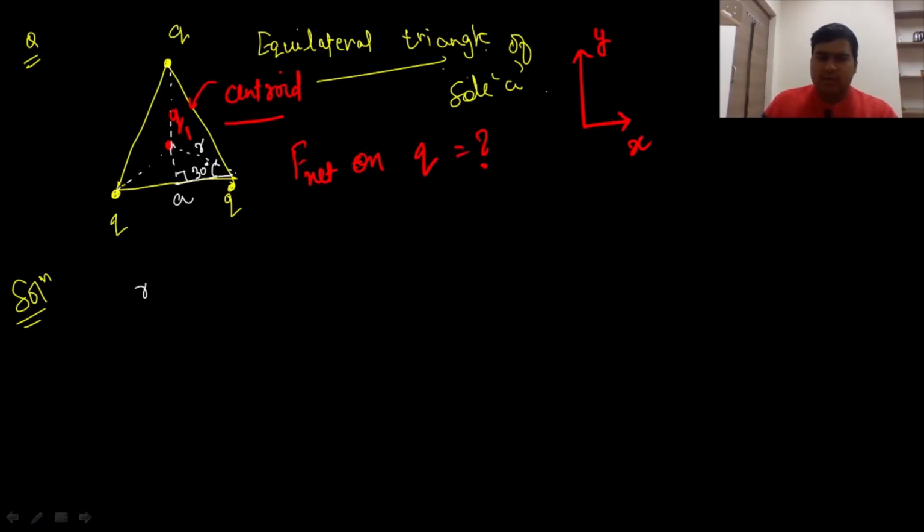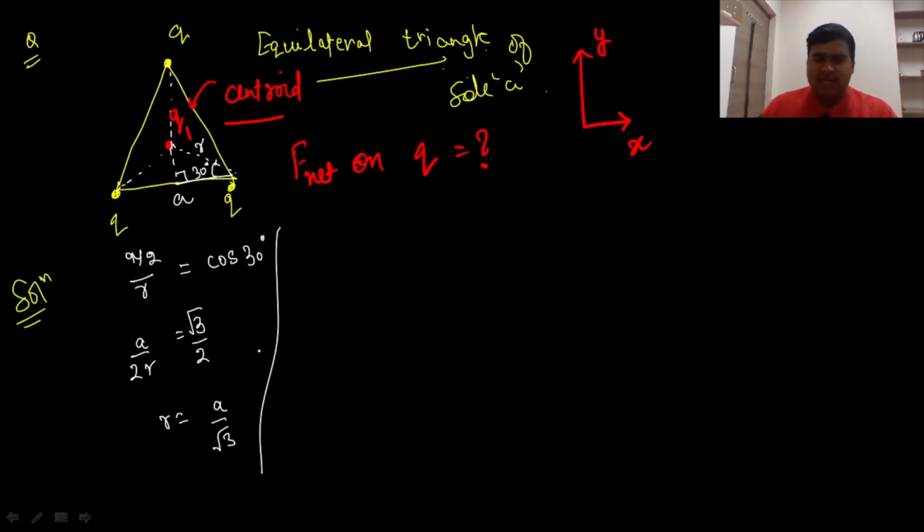In this right angle triangle, a by 2 upon r will be cos 30 degrees. So a by 2r will be root 3 by 2, and from here we get r as a by root 3. I solved it so that you don't face any doubt in solving this problem. So we have this r.